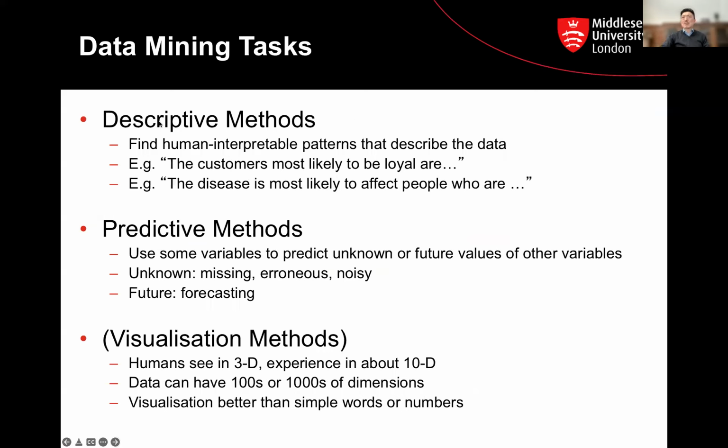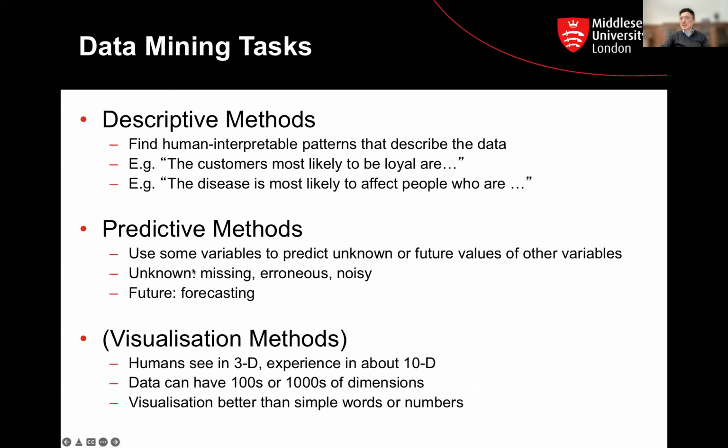Okay, so there are some types of analysis using descriptive methods, and these are more related to statistics. The other type of methods is predictive, where you want to predict a value that you don't know. This could be predicting something that will happen in the future, or just producing missing data from your data collections.